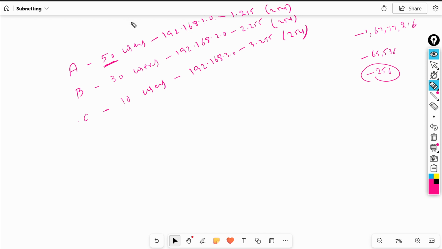But what is our actual requirement? Only 50. There are only 50 users, right? 50 users means we require only 50 IPs. But how many IPs does the network provide? 254 IPs. So what happened?